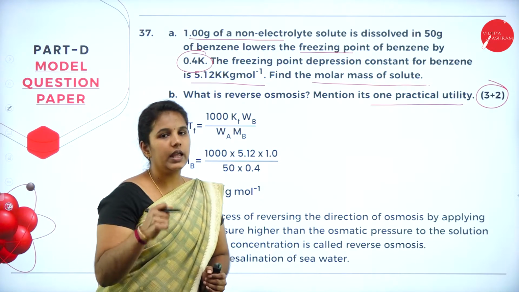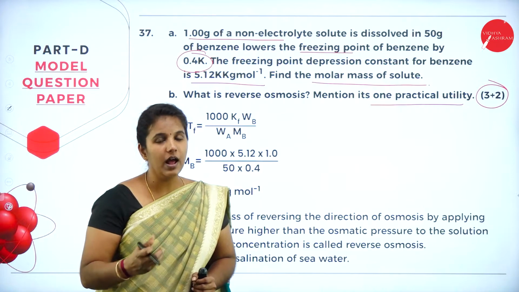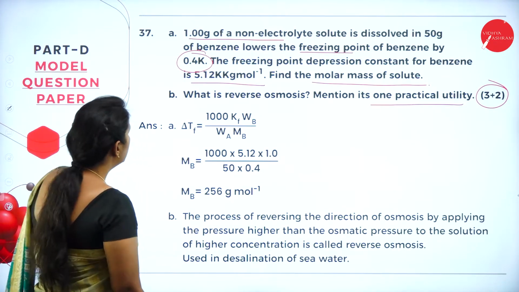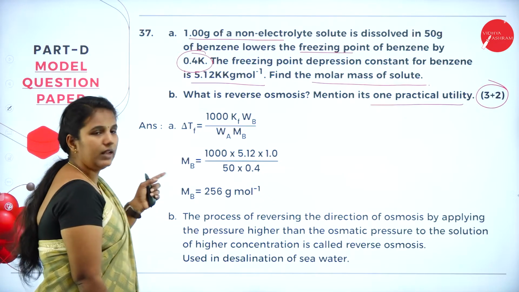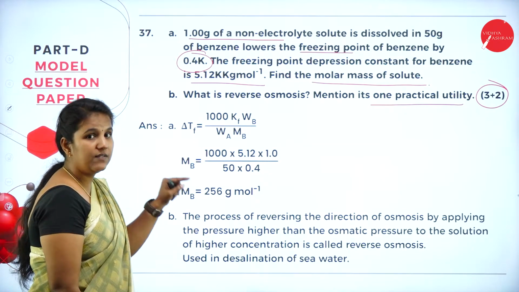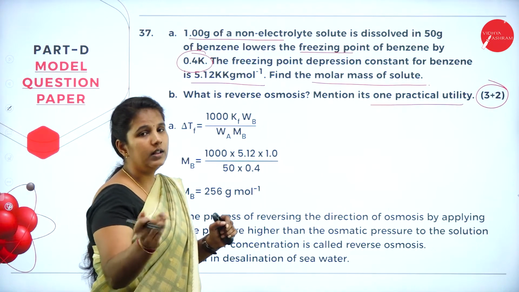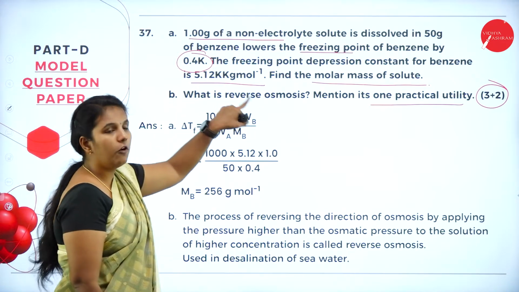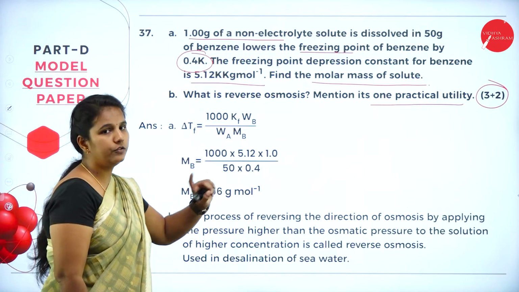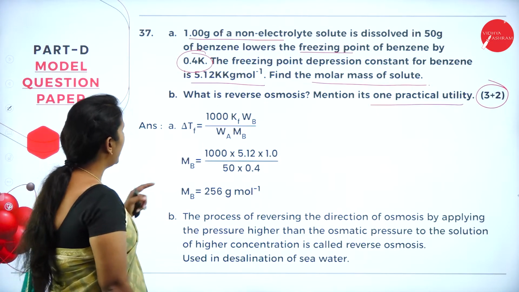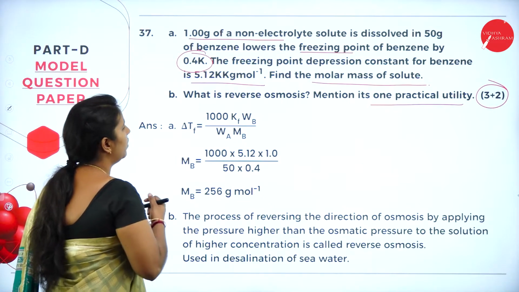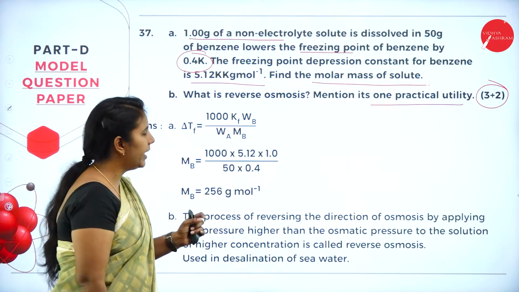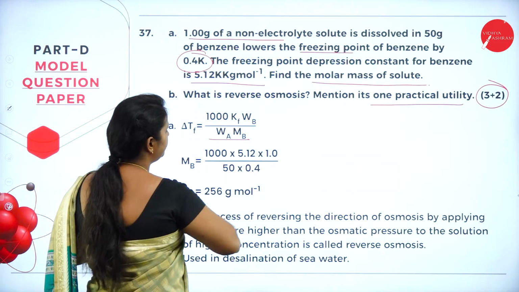Now, let us see how to put a formula to calculate the molar mass of the solute. One thing we need to understand is whether they have given the elevation in boiling point or the depression in freezing point. Here, they have given the formula based upon the depression in freezing point, that is delta TF equal to 1000 into KF into WB divided by WA into MB.